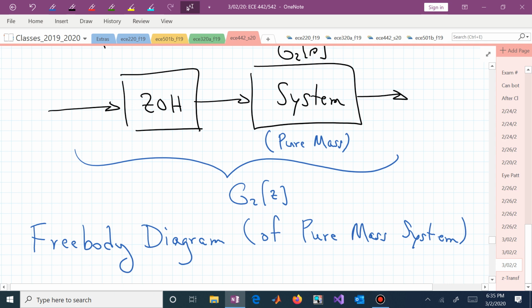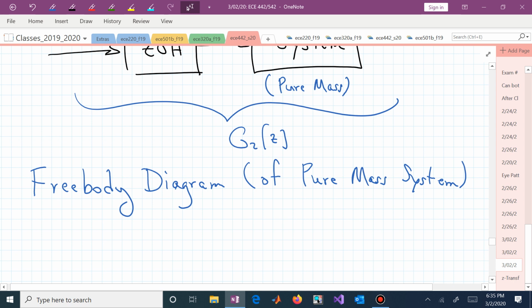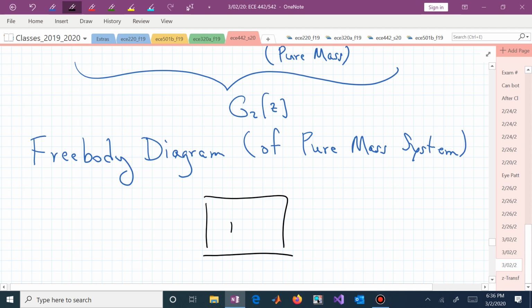All right, so here, what's the free body diagram of a pure mass system? We have a mass, and it's a pure mass. There's no spring, there's no dash pot, it's just a mass, but let's apply a force to that. U of t is not the unit step.